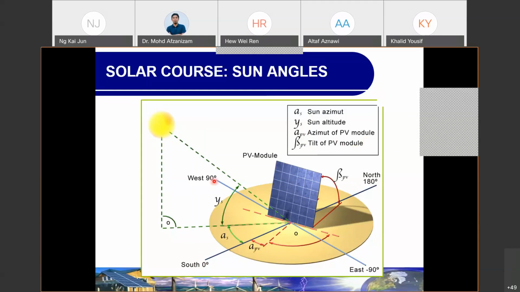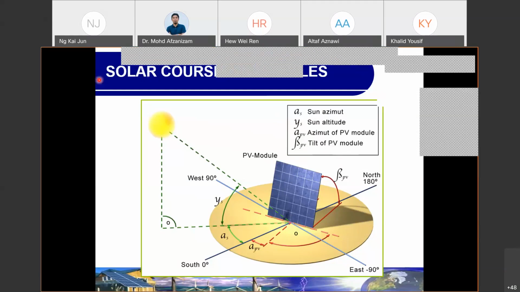And then what else? The angle, azimuth, sun altitude, sun azimuth. So those are the four terms you need to remember or understand to ensure that you do not wrongly use the terms. So it should be in your mind. The crucial part is the angle of the PV with the horizontal.